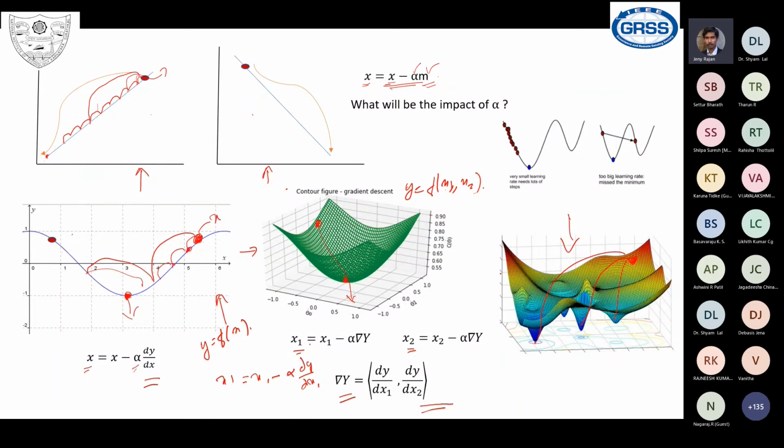But if the surface is not convex, there is a chance that our model will converge to a local minimum, and as a result, we may get suboptimal results. So this is how the gradient descent method works. I hope you got some idea about it.